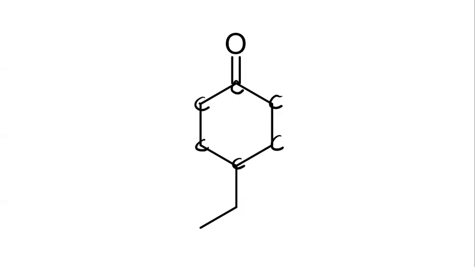We name the cyclic system, which this is cyclohexane, but because it is a ketone, then this is cyclohexanone. When it comes to numbering a cyclic ketone, carbon number 1 is going to be the one that is double bonded to oxygen. So in this molecule, this is 1.